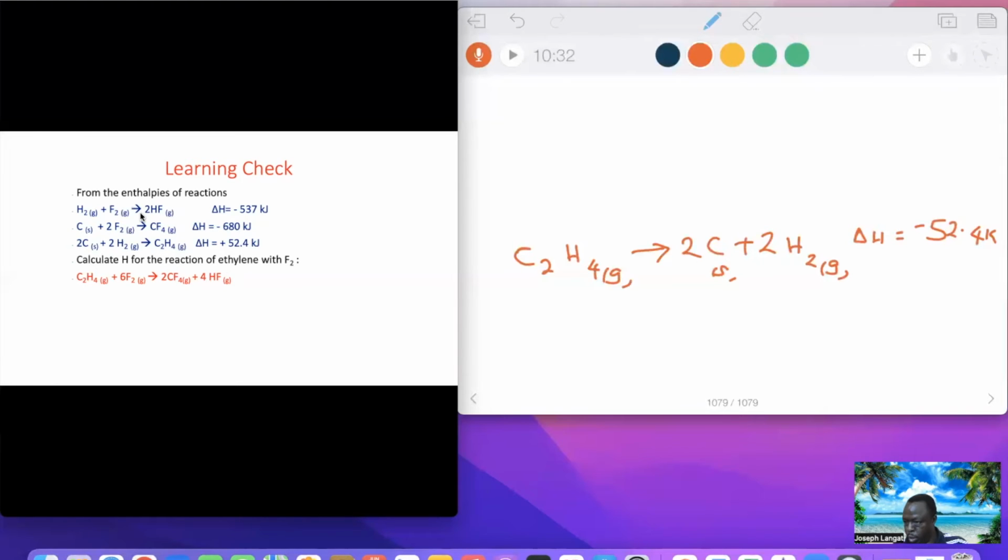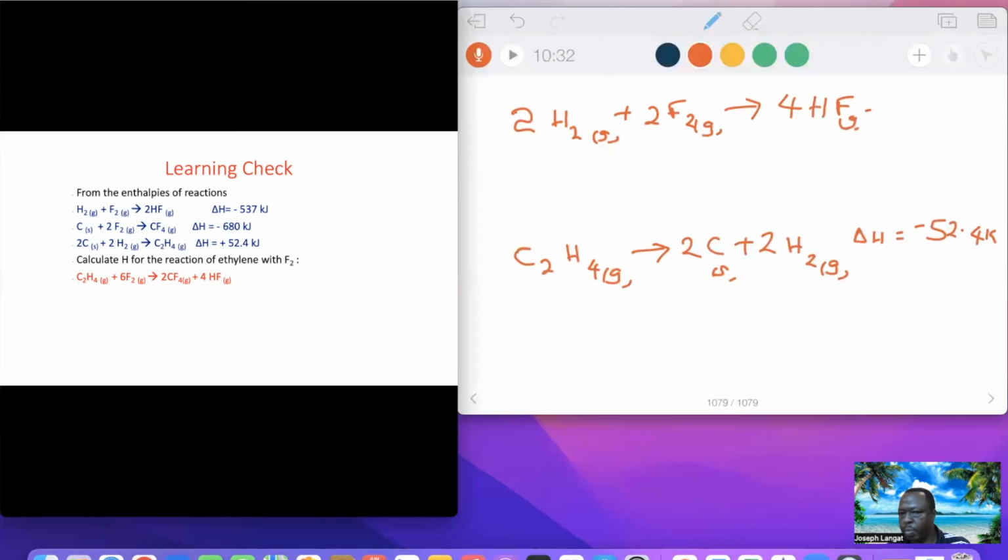By 2. So if I multiply equation 1 by 2, equation 1 will be 2H2 gas plus 2F2 gas going to 4HF gas.